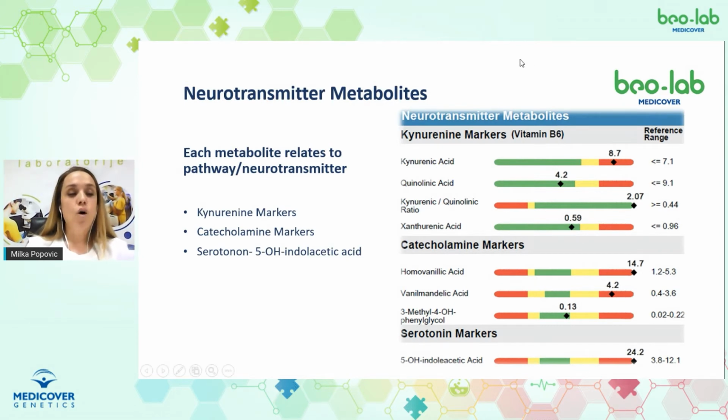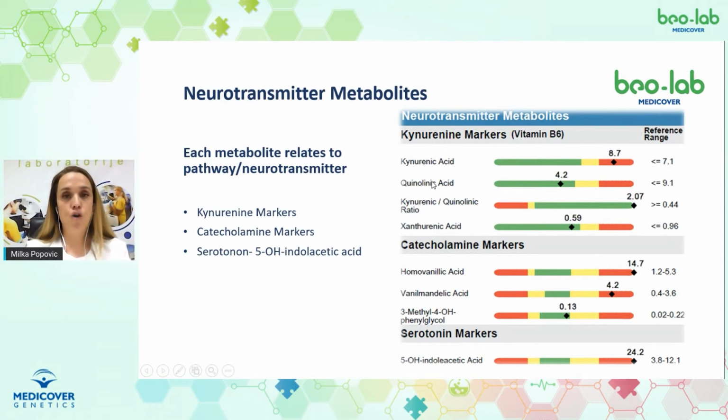As you can see here in brackets, these metabolites point to the need for vitamin B6. Now, kynurenic acid will be transformed into quinolinic acid, so-called, which I have to say is very often at a higher level among the children on the autism spectrum.